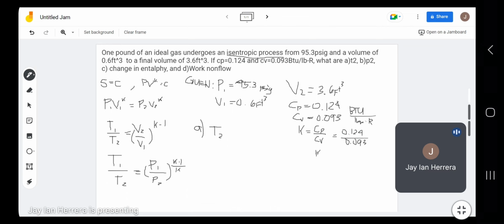Okay, the calculators are out. So K is 1.3333, going on continuously, 1.333333.